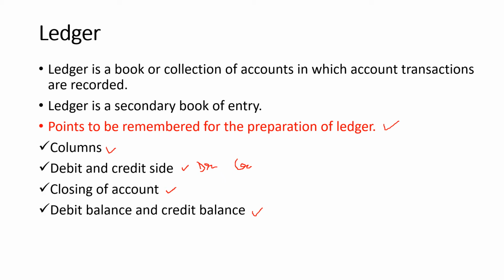To balance brought down you will be writing on February 1st. Then below the total you have to write that amount. That balance is called a debit balance because you got it in the debit side. In the credit side, if you get the balance, then it is a credit balance. So we have to check whether it is a debit balance or credit balance for different accounts.